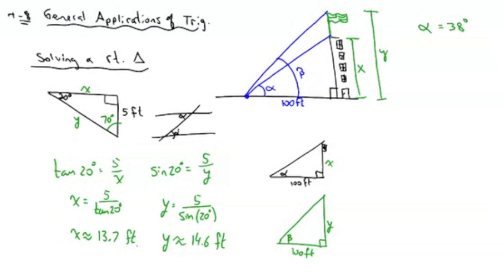Now, what does beta have to equal? It has to be bigger, 38 plus whatever. It has to be a little bit bigger. So let's say 52. All right.